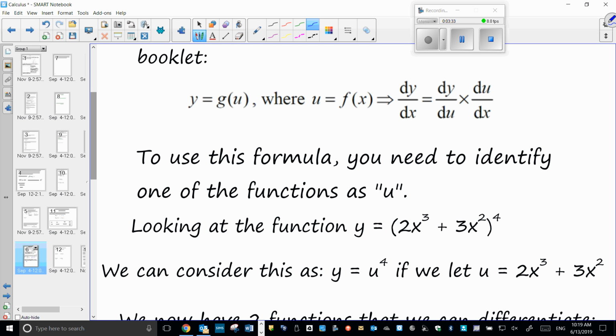This is from the formula: dy dx is equal to dy du multiplied by du dx. The easiest way to see why this happens is that these things kind of cancel each other out, because you've got a du on both top and bottom, so they merge together.